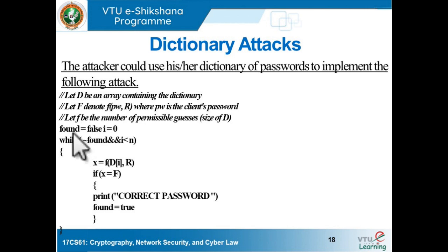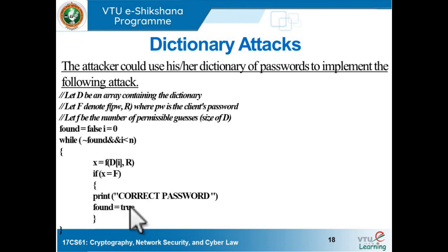Initially we set found to false, and also i is set to 0. We keep repeating the process until the password is found. Now x is calculated, and if this x is equal to f, wherein f denotes the function of password and the nonce, in that case the attacker is able to get the correct password.